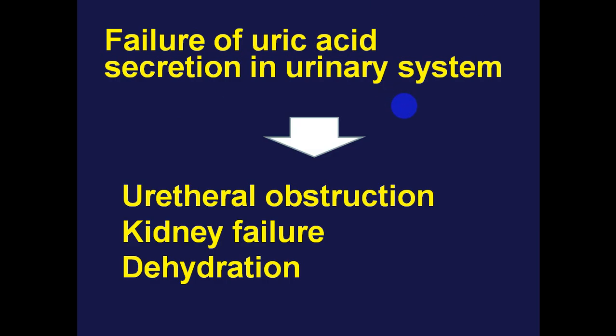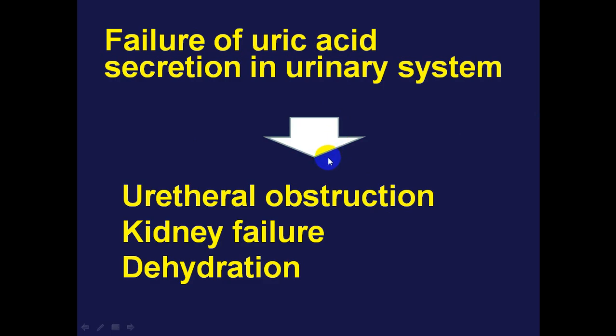It makes the uric acid accumulate inside the kidney and also inside the ureters. Okay. In some cases, the ureters are not fully blocked. However, the kidney damage is already quite severe.